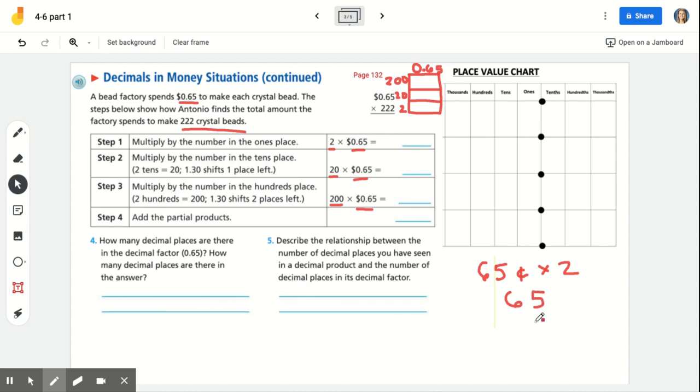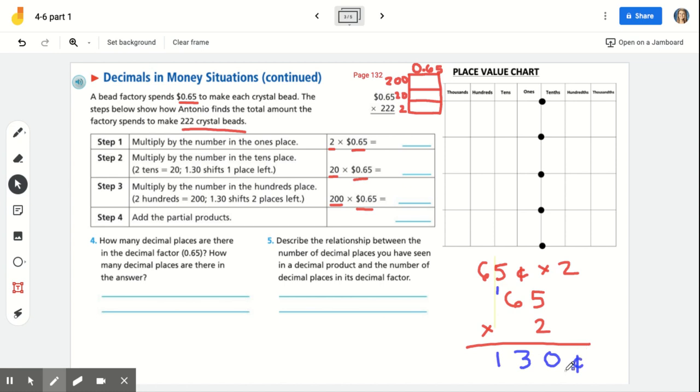On your whiteboards, let's set this up correctly. 65 on top, 2 in the ones place for our second factor. Go ahead and solve. What is 65 times 2? 5 times 2 is 10. 6 times 2 is 12, plus 1 is 13 to give us 130 cents. Okay, and we're going to write it not in cent form, in dollar form.